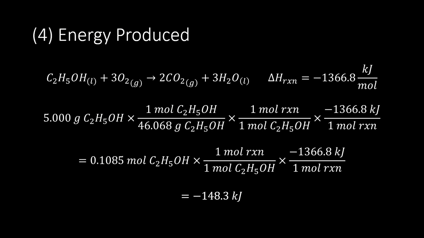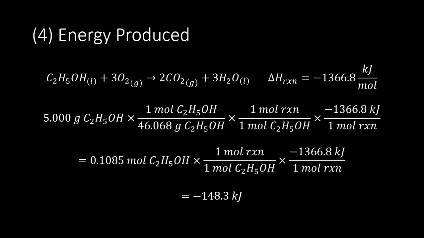And if we stop there, this just tells us how many moles of reaction will occur upon combusting 5 grams of ethanol. Because in part 2, we already calculated how much energy gets released per every mole of reaction, we can now add that to our calculation.